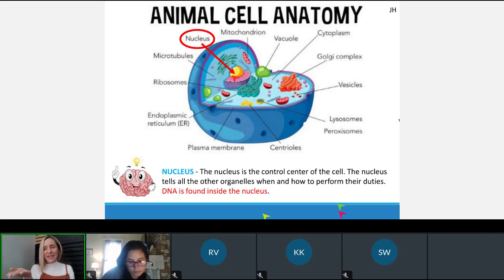Some people call them sunny side up or over easy. I wish I could serve you all an egg today. But if we did, we'd be having them sunny side up, because that is what our nucleus and the nucleolus look like. And the nucleus is there for protection and organization of your DNA.